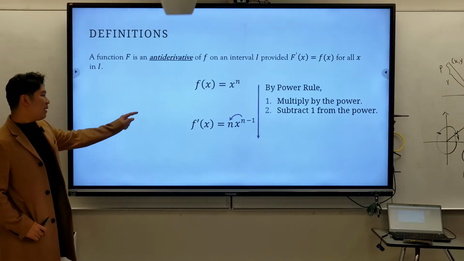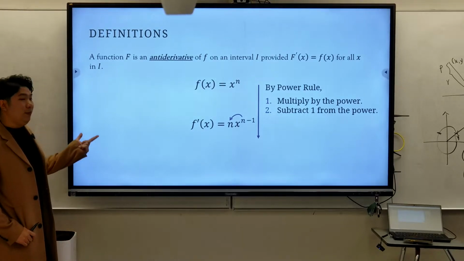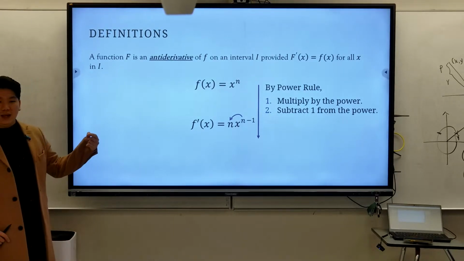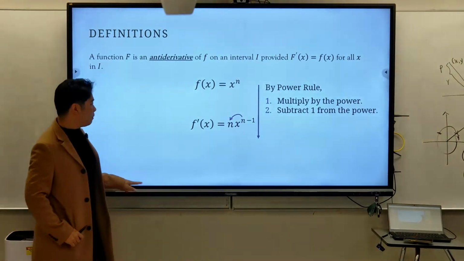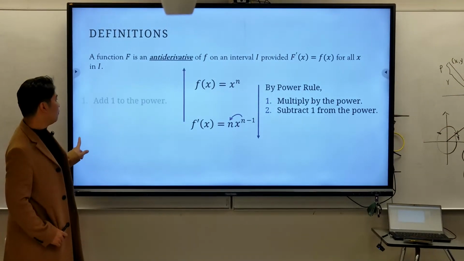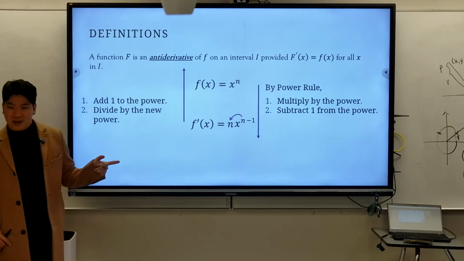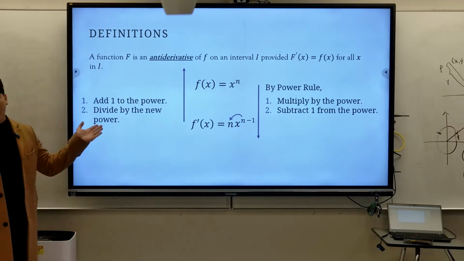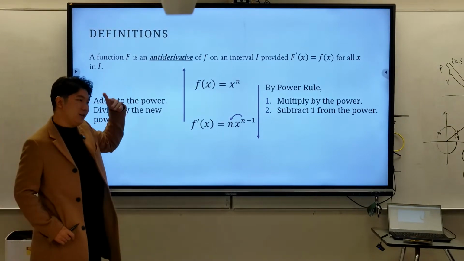And if I want to go back up from the derivative to this original function, we would do the opposite operation in reverse order. So the opposite of subtracting 1 from the power would be adding 1 to the power and then dividing by the new power. And that's how we would go back up our ladder of differentiation.